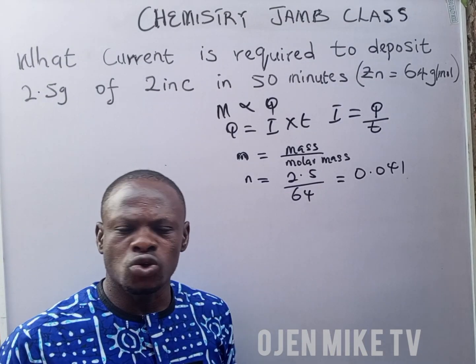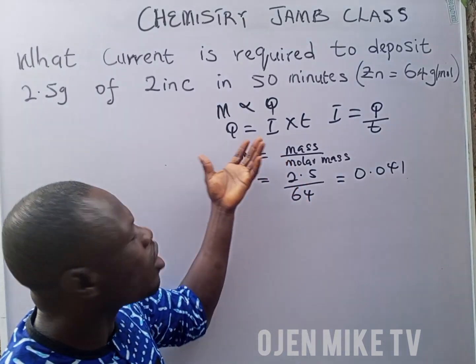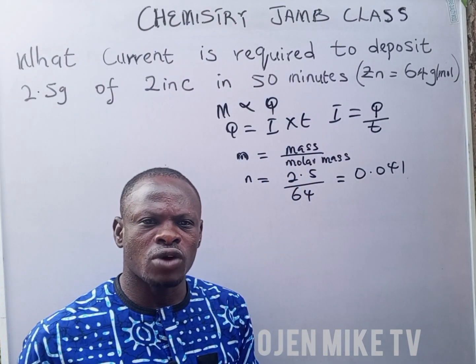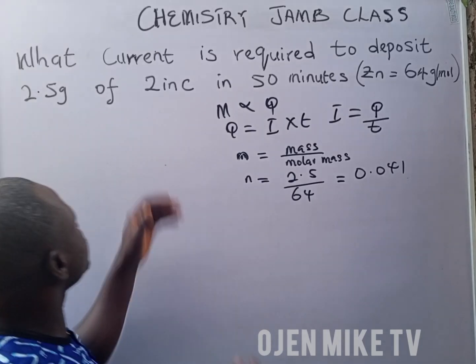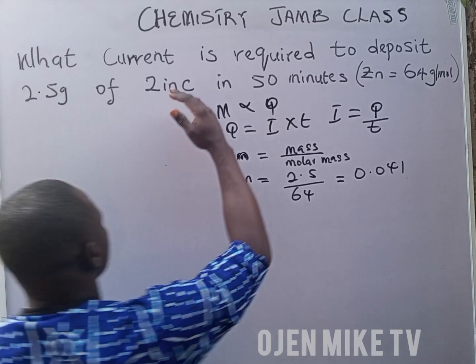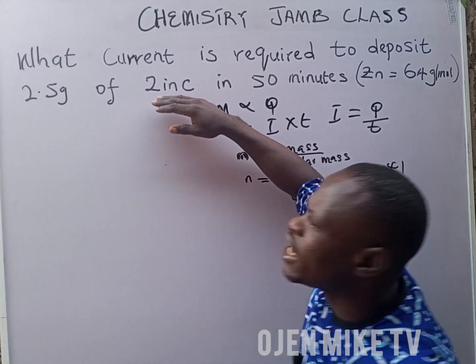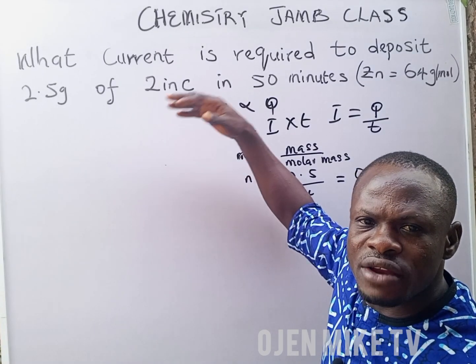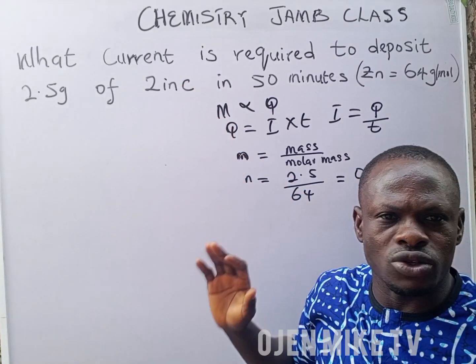The next thing you are going to do is to find the number of Faradays. In our previous video, I told you that anytime you are calculating something like this, either zinc, silver, copper, nickel, you should consider their oxidation number.